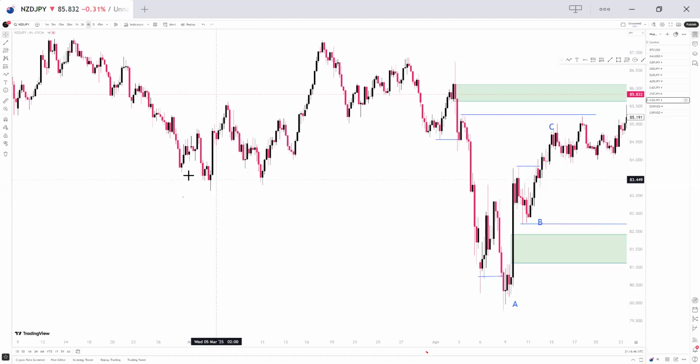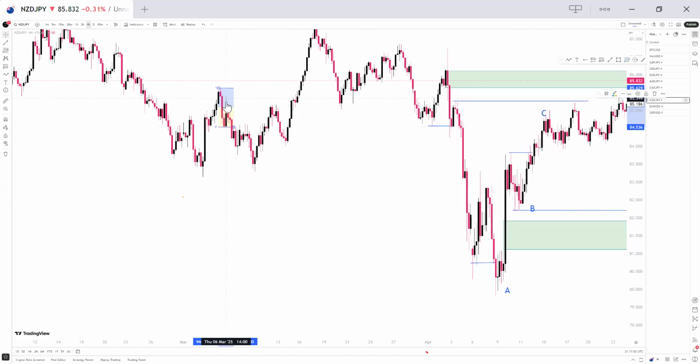You can see price taking out this place, then pulling back up, giving us this pullback. Then you can see this pullback is up to 50%. That's what I was telling you. If you measure from this place, price was pulling back to this place, you can see that this pullback is up to 50%. Then price reversed back into this zone, tapped it, then started buying. You can see.